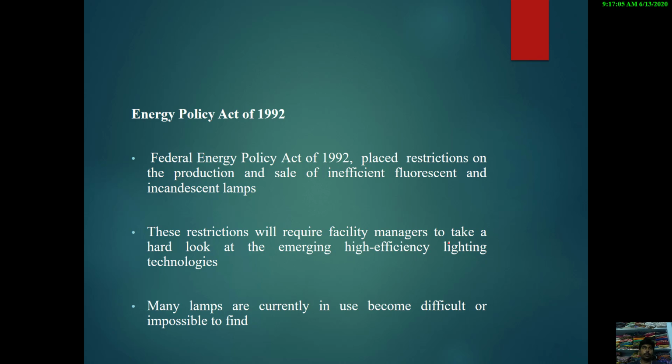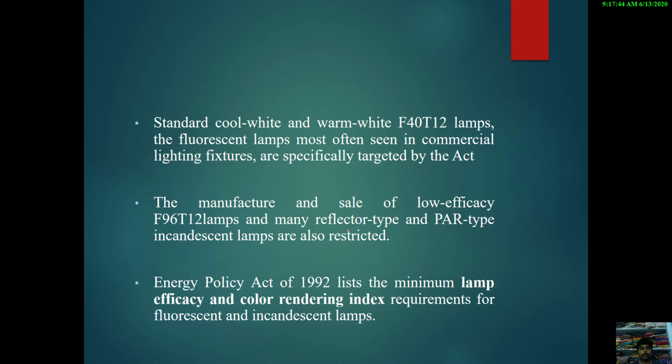The next one is similar to the Electricity Act we saw at first in energy auditing or management. Here also, the Energy Policy Act of 1992 is for restriction. They have made some restrictions under lighting systems, placing restrictions on the production and sale of inefficient fluorescent and incandescent lamps. These restrictions will require facility managers to take a hard look at the emerging high efficiency lighting technologies, and many lamps currently in use become difficult or impossible to find.